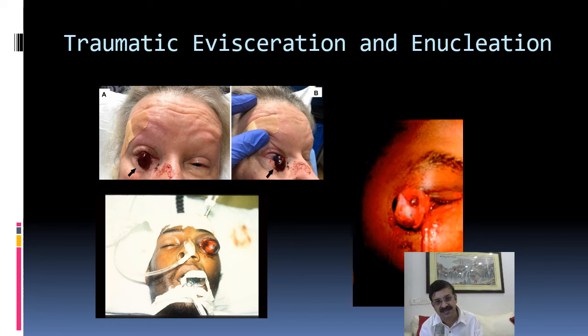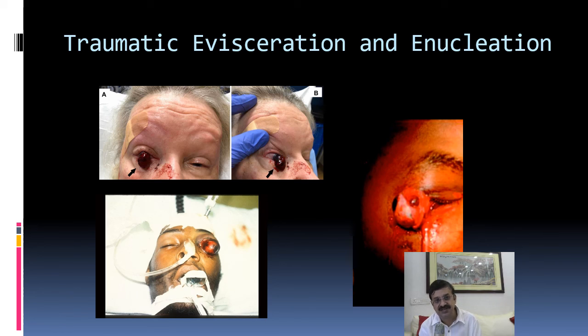The entire eye of the child is just torn out by the vicious attack of the dog. So we do get such cases in which obviously the eye is lost, and sometimes you also get evisceration, in which the dog could only lacerate the globe, so the contents of the globe come out. So that is an evisceration.